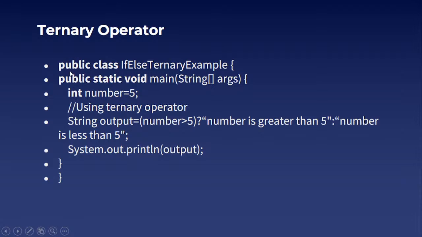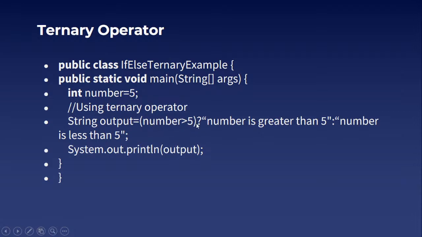It is prepended by this public access modifier. And inside this, I am creating a main method, public static void main. The argument is passed as a string array, String[] args. I am just initializing a number variable, int number equal to 5, and then I am checking for some condition.